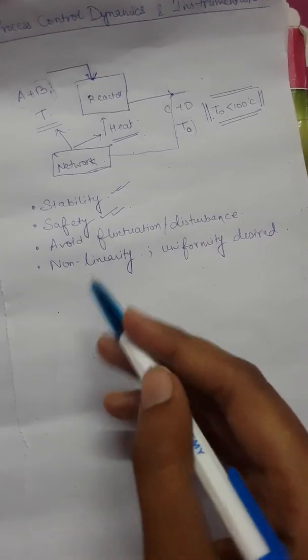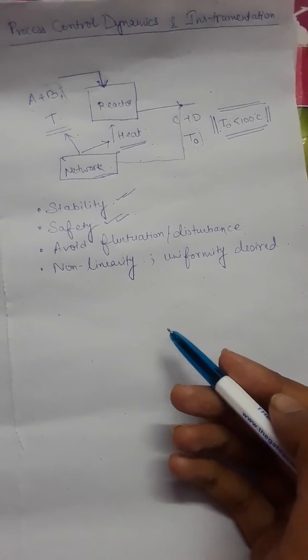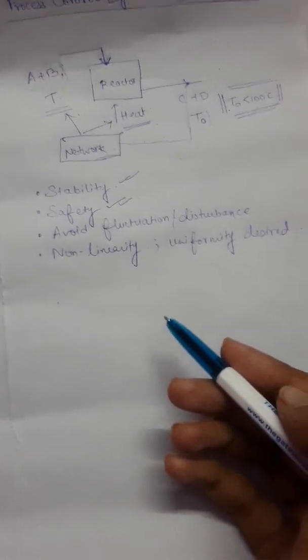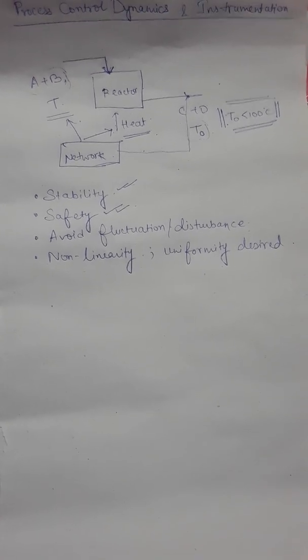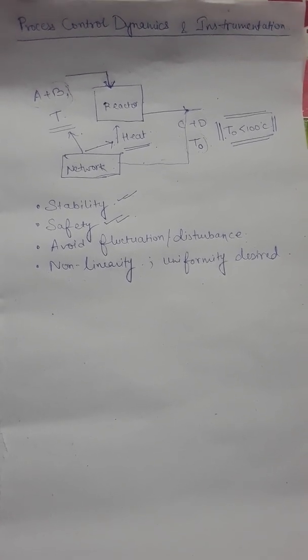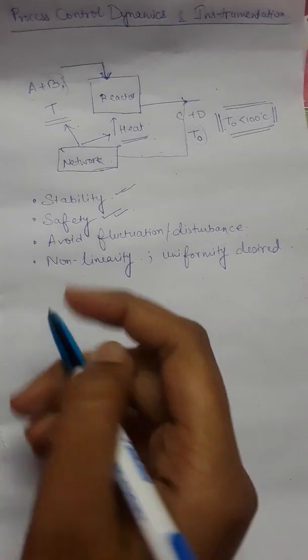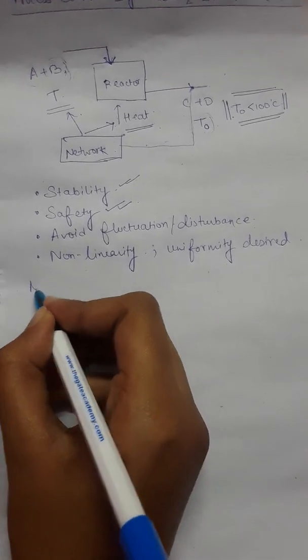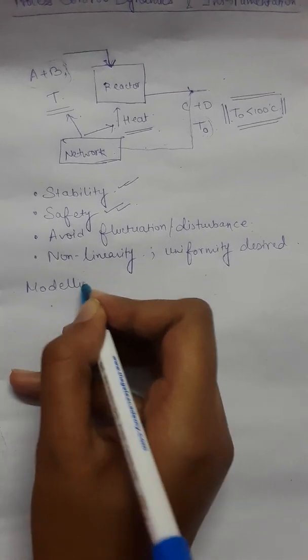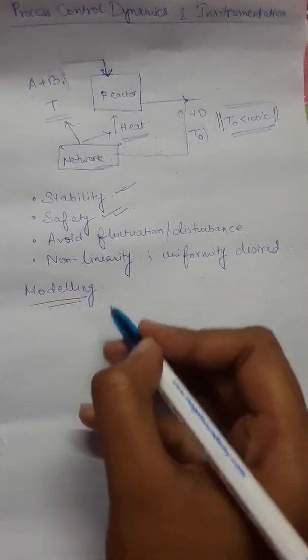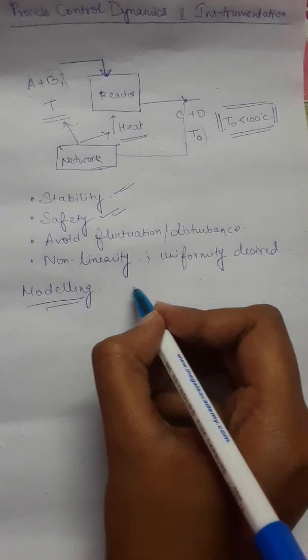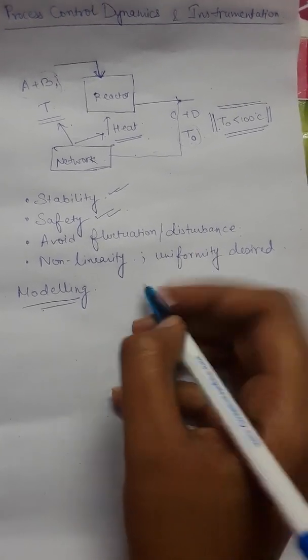Now, to understand process control, the way in which you can achieve process control and what kind of dynamics should be set to control the process, the first thing that you need to know is modeling of the process. Modeling of the process means having a clear idea of what is exactly happening, that is, what goes in and what comes out.